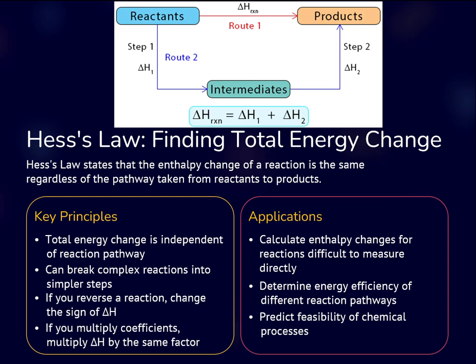The total enthalpy change is the same. For example, if a reaction is too slow or complex to measure directly, break it into steps that you know. Do you need to reverse a reaction? Easy. Just flip the sign on the delta H, the enthalpy value. Do you need to multiply the reaction? Then multiply the delta H value accordingly. This helps chemists calculate enthalpy for reactions they can't observe directly.